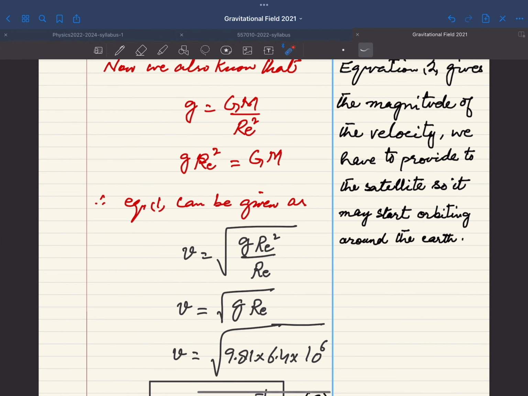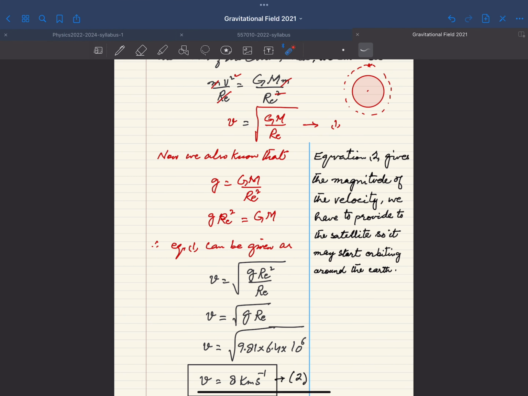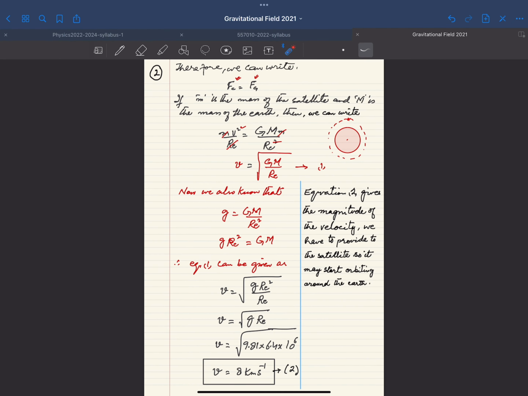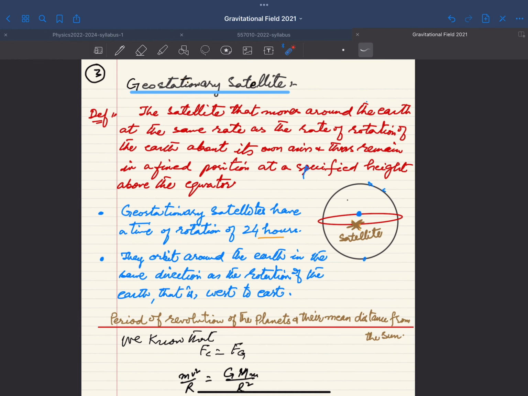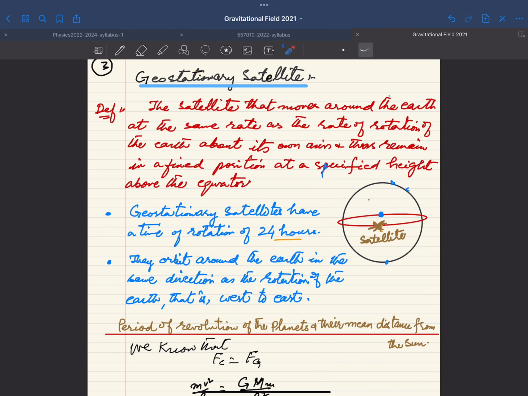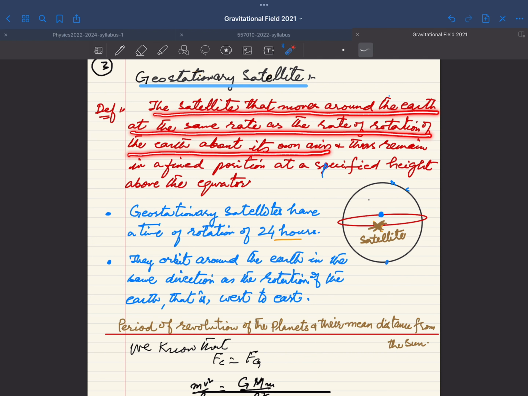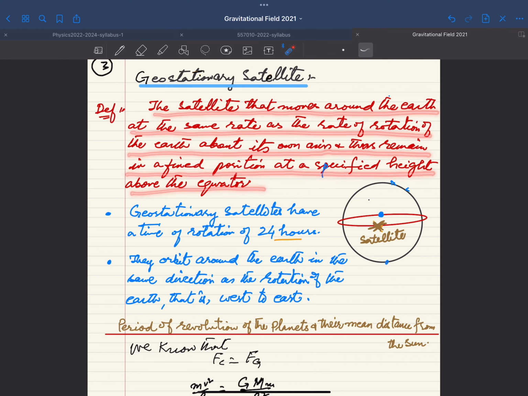So we are coming back to the point here, and we are now considering another thing, which is the geostationary satellite. What is the geostationary satellite? Simply, you can define it this way: the satellite that moves around the earth at the same rate as the rate of rotation of the earth about its own axis, and thus remains in a fixed position at a specified height above the equator.